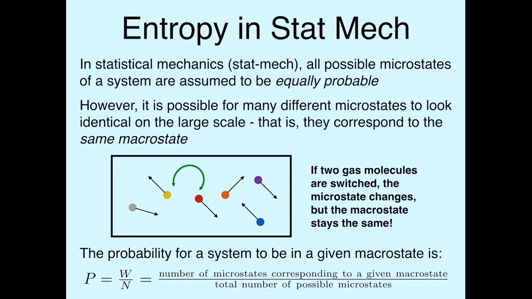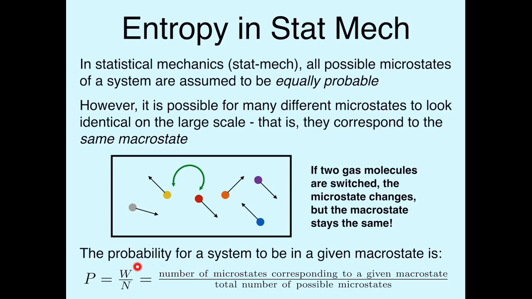So we call n the total number of possible microstates. We call w the number of microstates that correspond to a given macrostate. So to go back to the coin flip example, one of the macrostates was you get 2 heads, 2 tails. How many different ways are there to get that macrostate? There were 6.